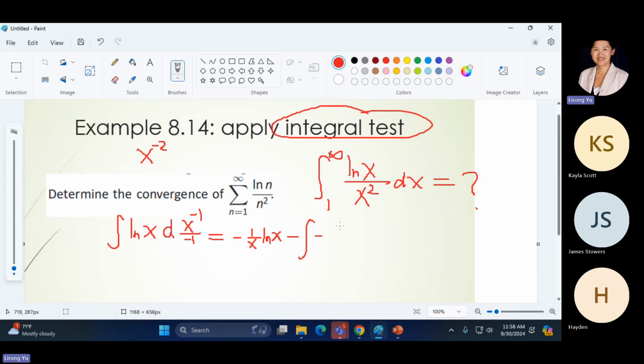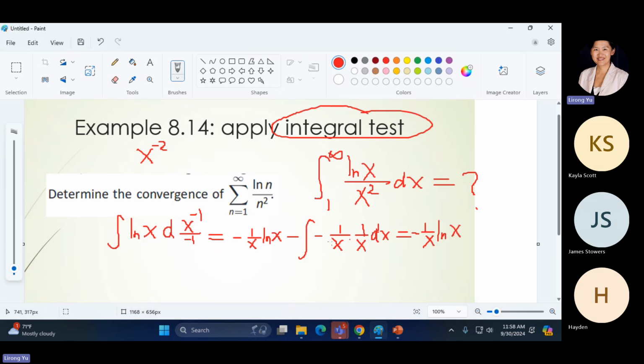V is negative 1 over x, and u is ln x, so du would be 1 over x dx. According to the calculation, you can also run your own method. Try not to write too much u and v in the middle of the process, but if you're used to writing u and v specifically, it would be okay.